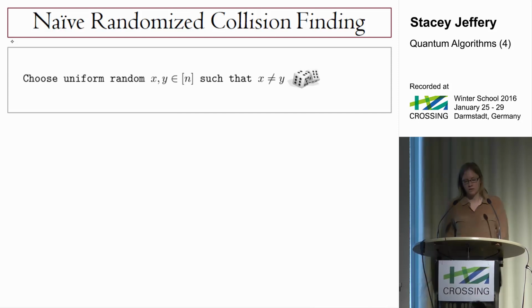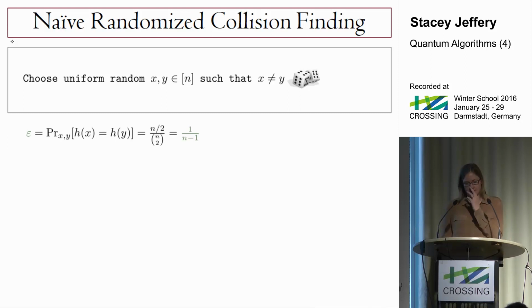So one really naive algorithm that is not very good for collision finding is just to choose a uniform random x and y such that x is not equal to y, and output that. But of course, that's probably not going to be a collision. So this procedure where we just choose a uniform random x and y and output that succeeds with very low probability.